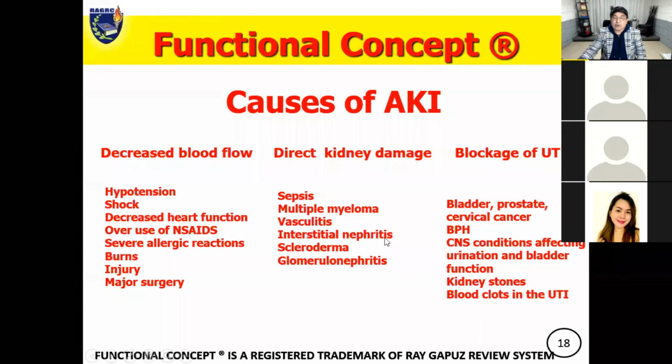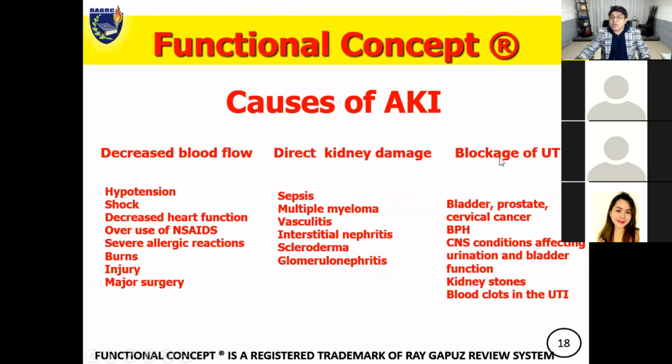There's an inflammatory reaction that occurs within the kidney. And scleroderma is a form of autoimmune disease that leads to tightening of connective tissues that could potentially also affect the blood vessels or the connective tissues in the kidney. And of course, in glomerulonephritis, you have inflammatory reaction in the glomerulus or glomeruli.